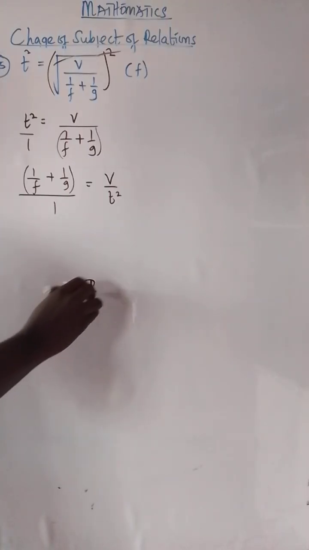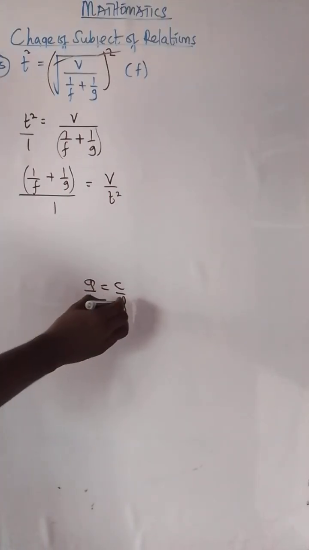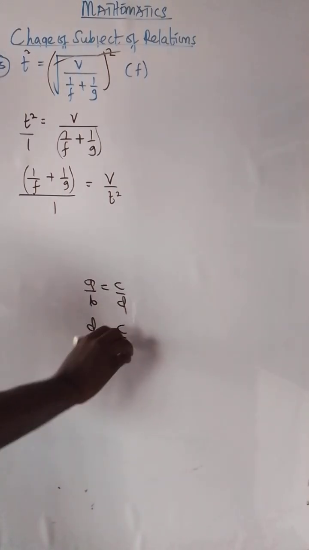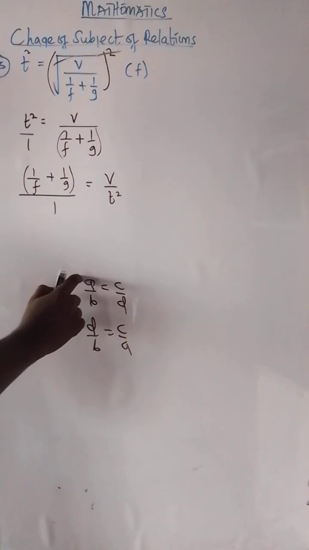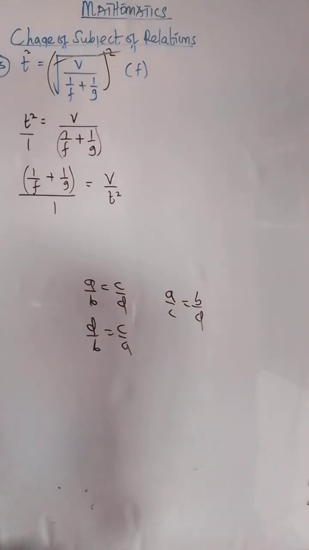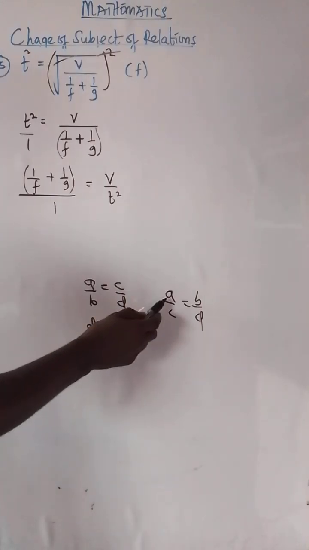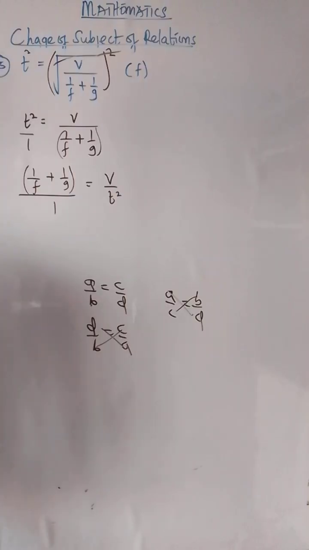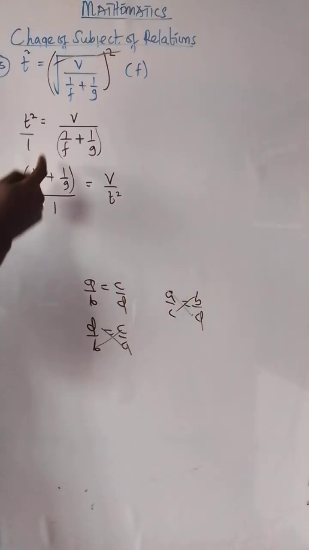So if a over b equals c over d, we can say d over b equals c over a. Is allowed in mathematics. Or you can say a over c equals to b over d. Because if you cross multiply, you see ad equals bc, so it's allowed. And I know if I divide everything by 1, it remains the same thing.